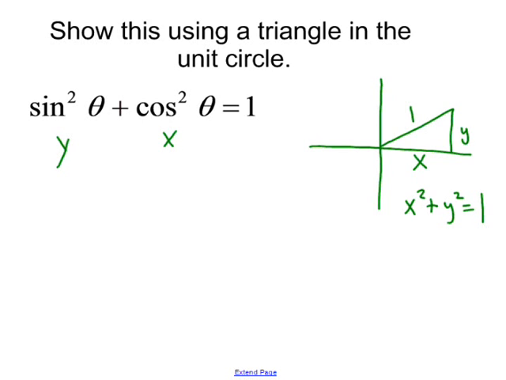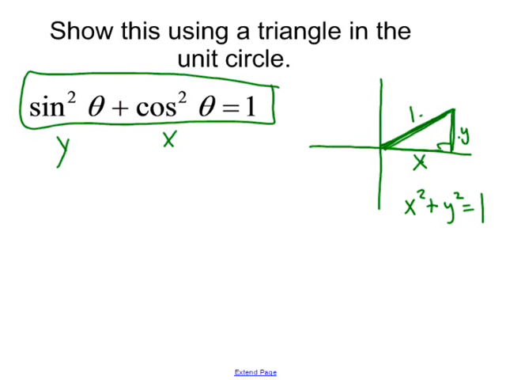Because we know this is a unit circle, we know the hypotenuse is always 1. This is the x, this is the y. We know from Algebra 1 that when you have a right triangle and you do a squared plus b squared, it has to equal c squared. So we just showed using the unit circle that sine squared plus cosine squared equals 1.